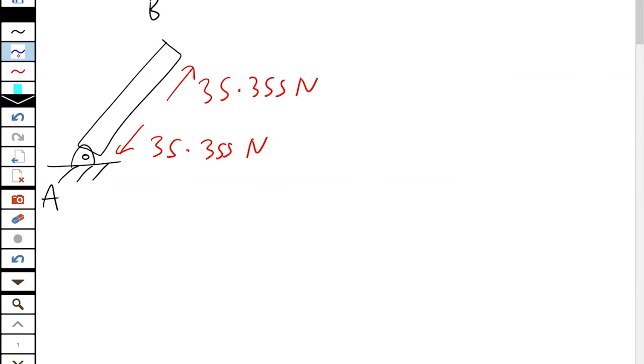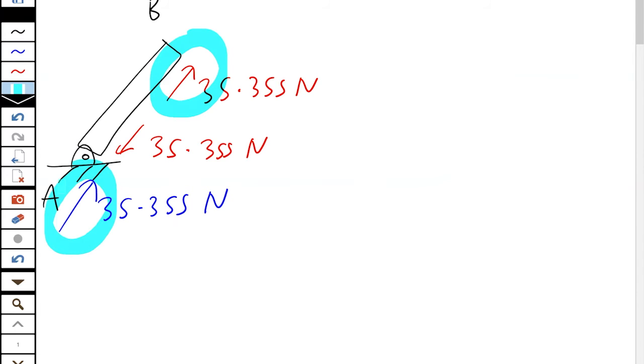And then by Newton's third law, if the beam is pushing down on the pin at 35.355, then the ground and the pin must be pushing back up at 35.355 newtons. So you can see it's like this was transmitted along the two force member. It's basically a cable that can also push.